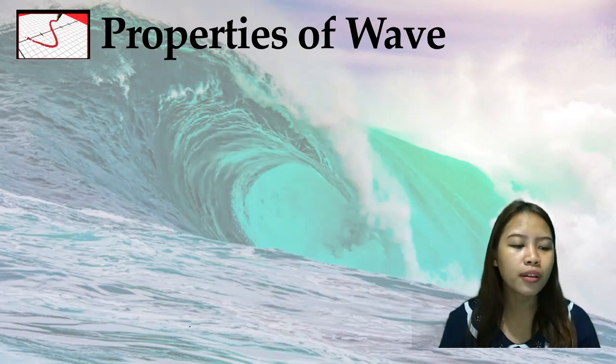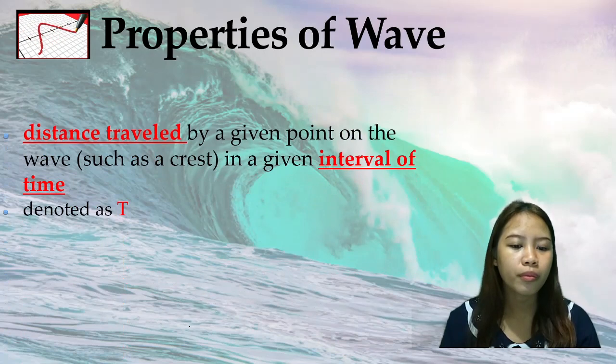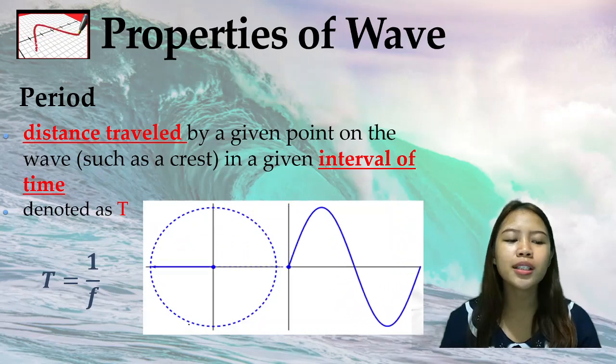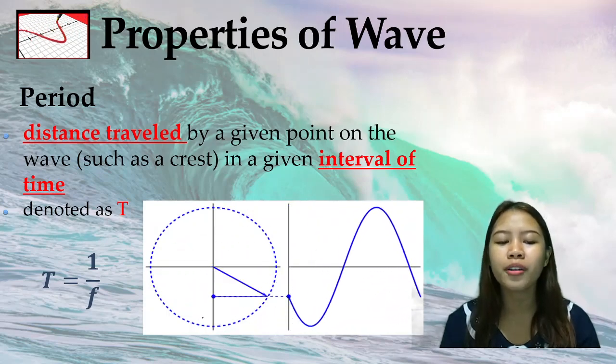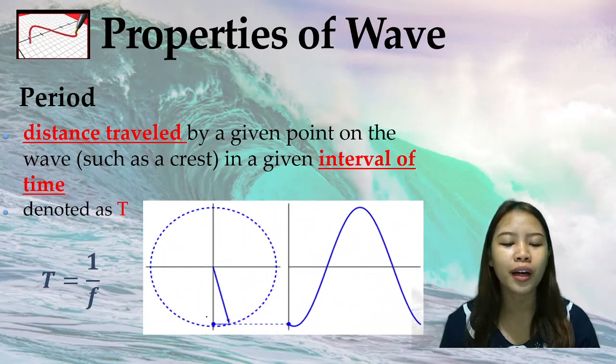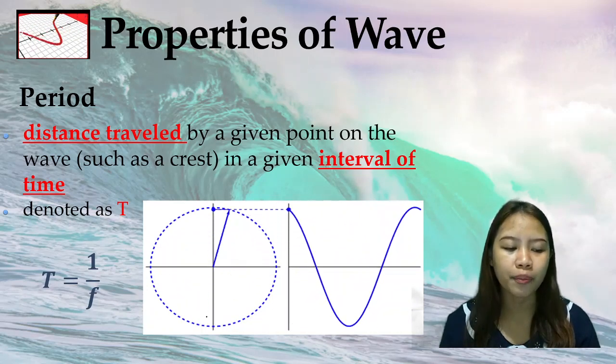So that's for the frequency. Now, how about the period? Okay. For the period, this is the distance traveled by a given point on the wave in a given interval of time.